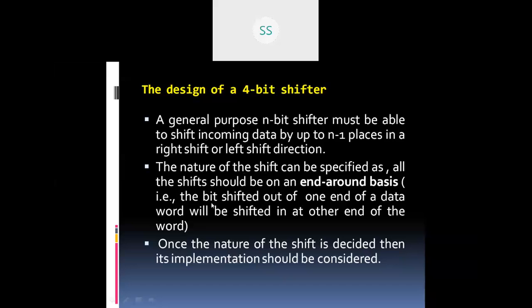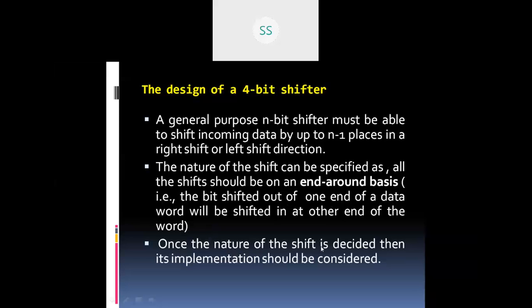Whenever a bit is shifted out of one end of the data word, it will be shifted in at the other end of the data word. This is one specification of how the data should be shifted. This is one of the shifting criteria that should be decided.